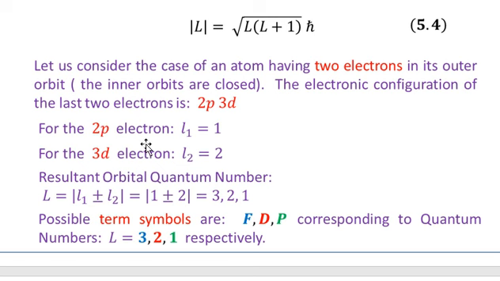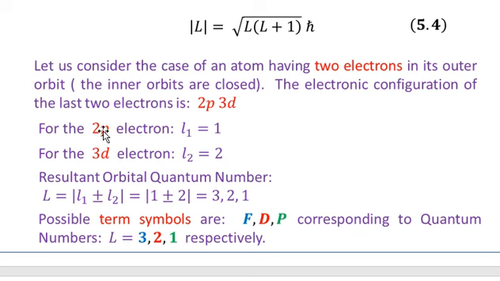For the 2p electron, we have l1 equal to 1, because since it is a single electron we are using l1 in small alphabet. So the orbital quantum number for this 2p electron is l1 equal to 1. And for the 3d electron, since this is again a single electron, we are using l2, small l, so l2 will be equal to 2.